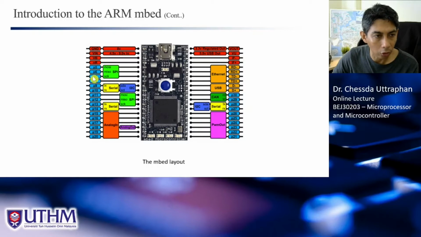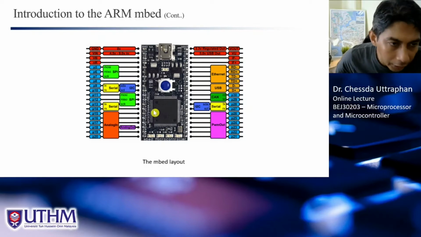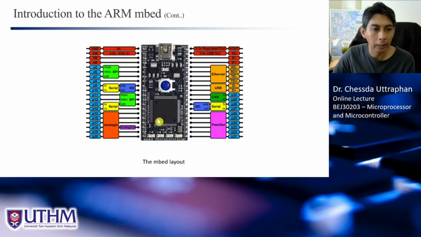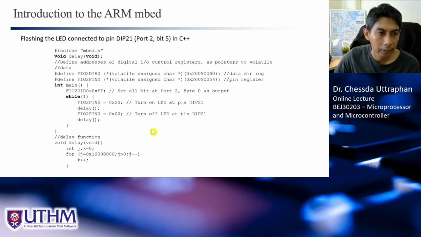This is communication: SPI, this is UART, and this is I2C. We will learn the communication in chapter 4. PWM we will learn in this chapter, right? So how to use all the peripherals available in this microcontroller in order to build our application.